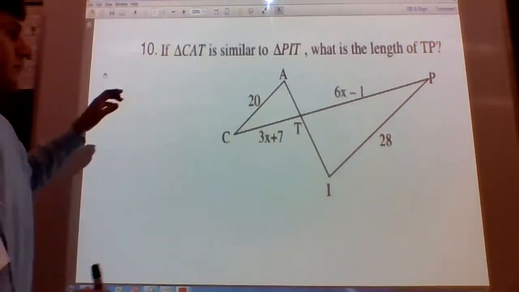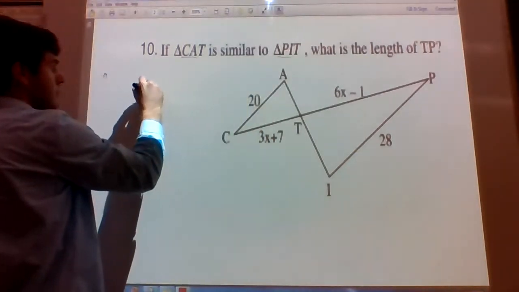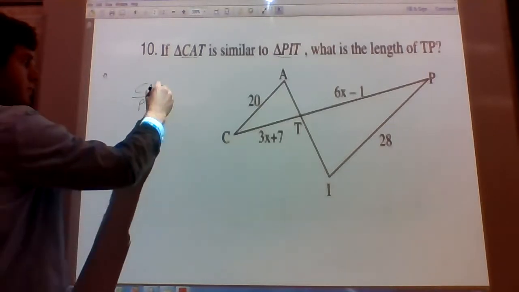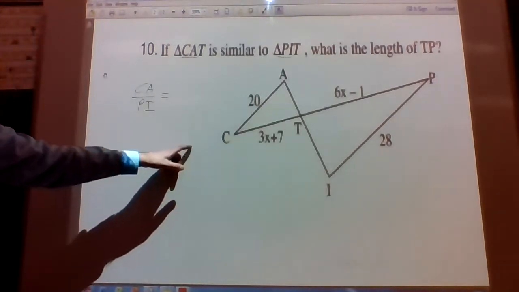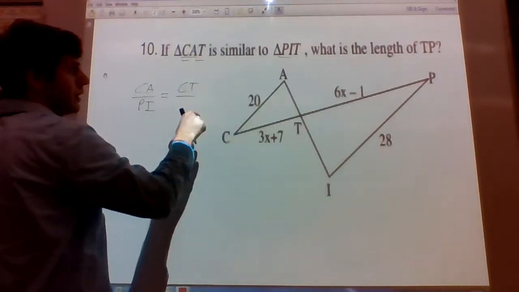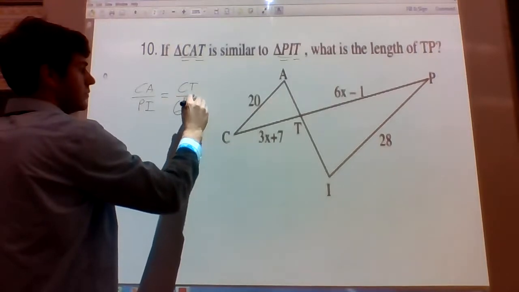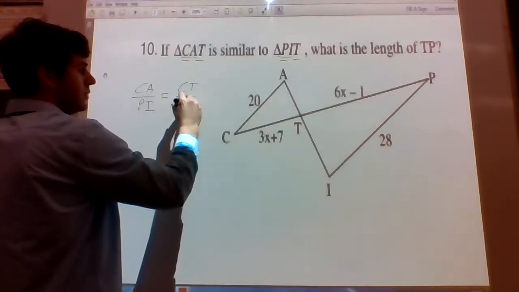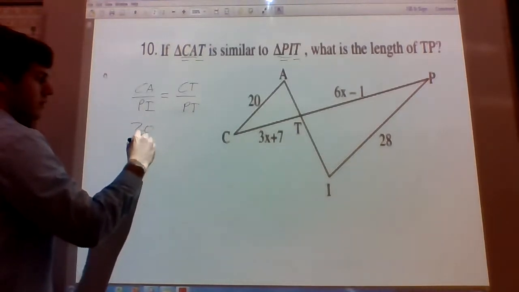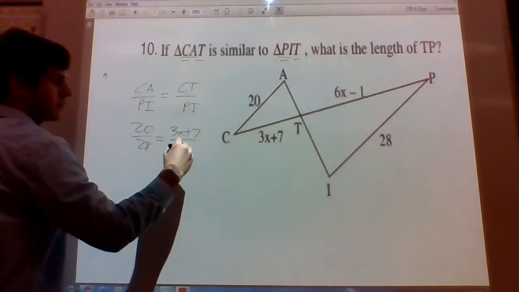So CA and PI, and then CT corresponds with PT. So we're going to have 20 over 28 equals 3x plus 7 over 6x minus 1.